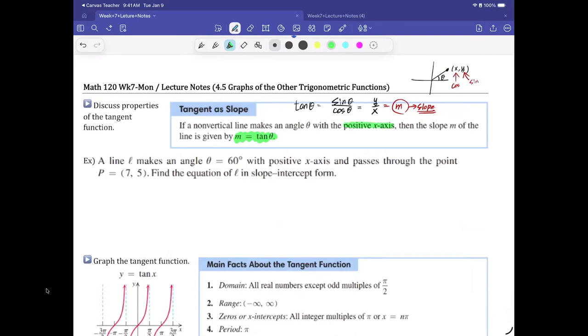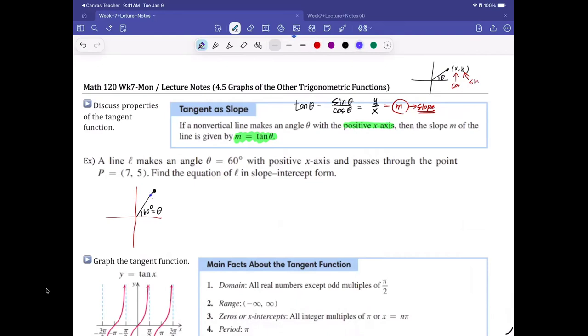So line L makes an angle theta of 60 degrees, and this line is passing through 7, 5. You don't have to draw the graph.